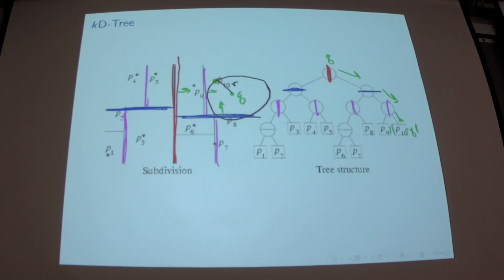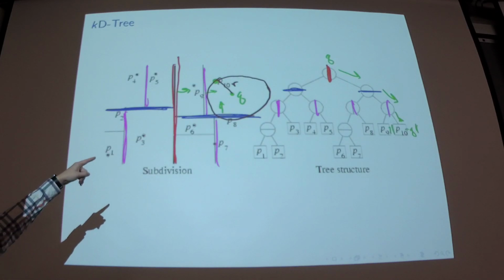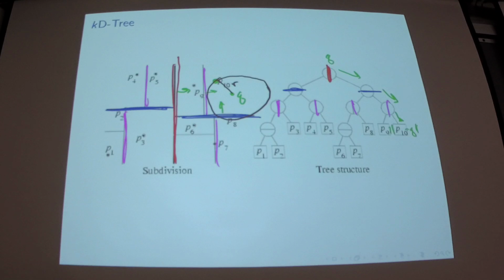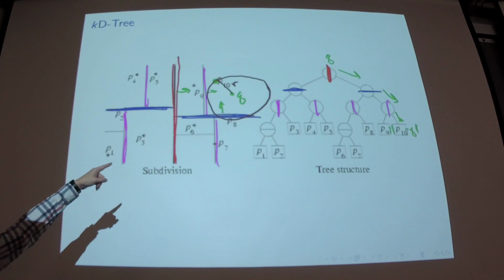But I haven't quite satisfied that P10 is actually the nearest neighbor, because this circle crosses over this blue boundary.